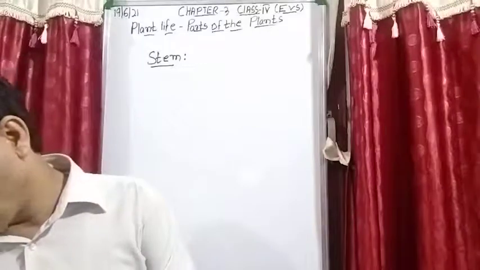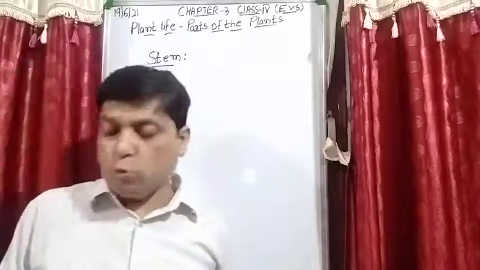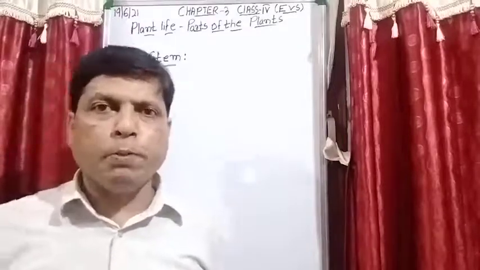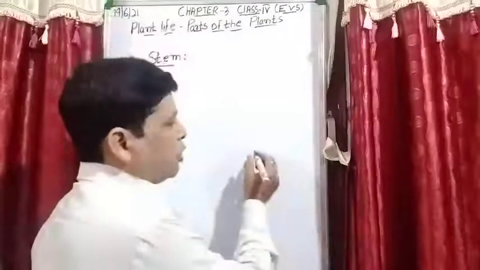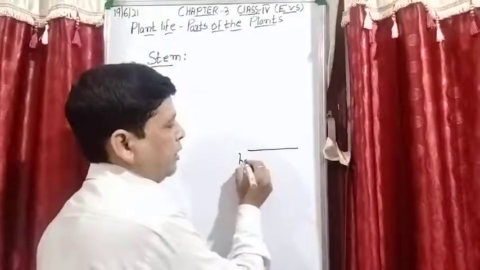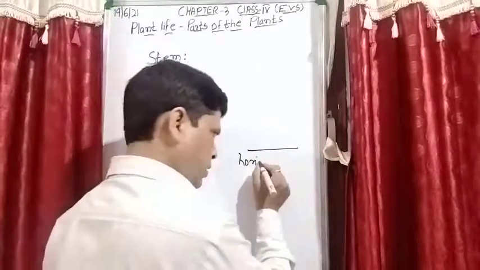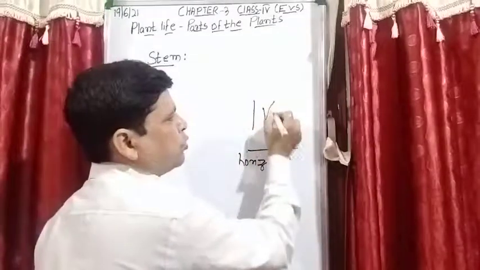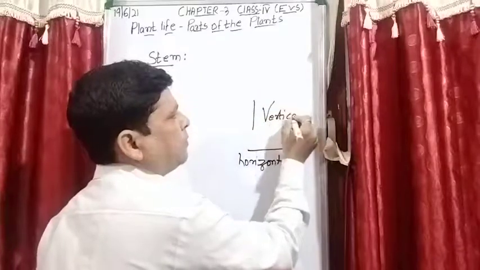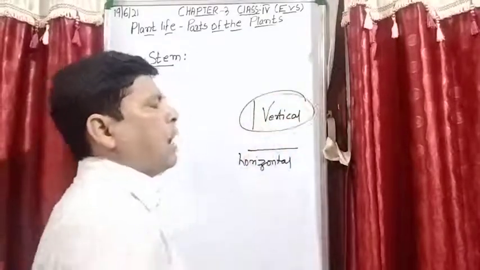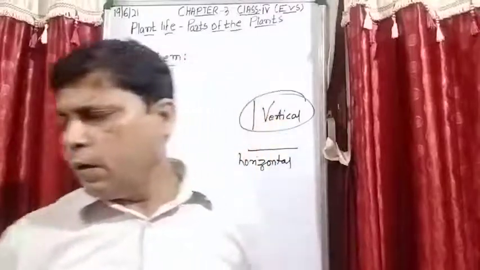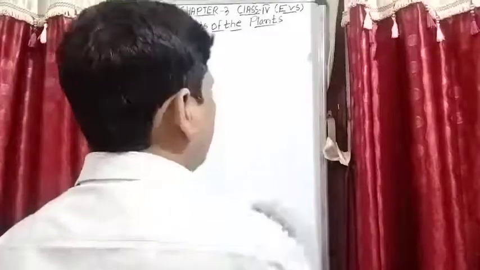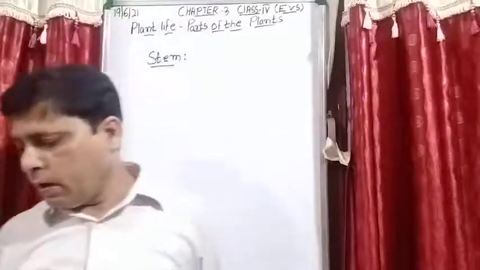Or you can also say that it is the part of the plant that rises vertically. जो अभी मैंने आप लोगों को बताया था, in mathematic language this is known as horizontal, and this position is known as vertical. So the upper part of the plant which you are able to see is known as the stem.